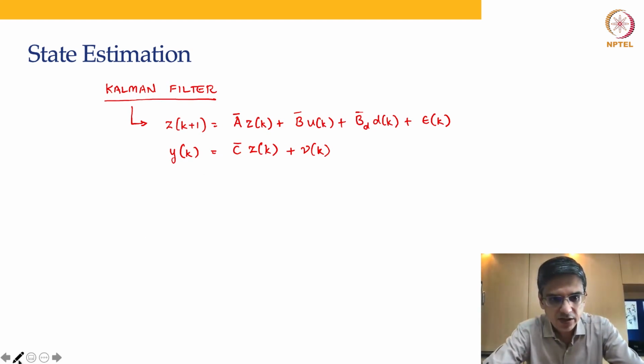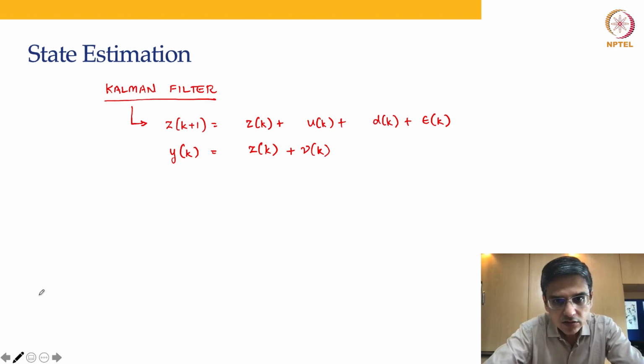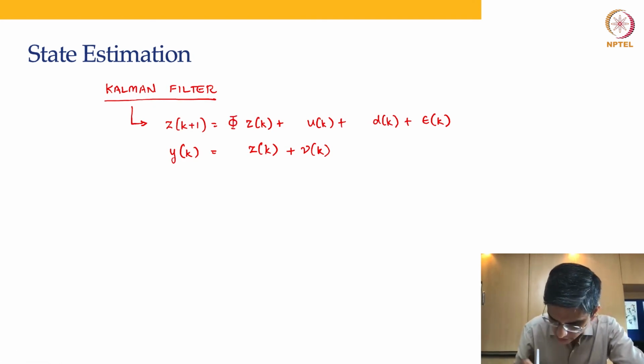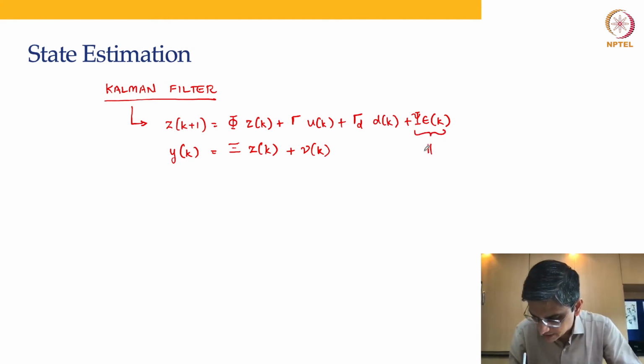As a matter of fact, if I remember correctly, the terms that we have used, and maybe it might be better to use those terms over here, I think we have used phi times z_k, gamma times u_k, gamma_d times d_k, and psi times z_k, and maybe we might have used psi times epsilon_k, and if it is psi times epsilon_k, then R1 is just going to be equal to psi multiplied by R_epsilon multiplied by psi transpose.